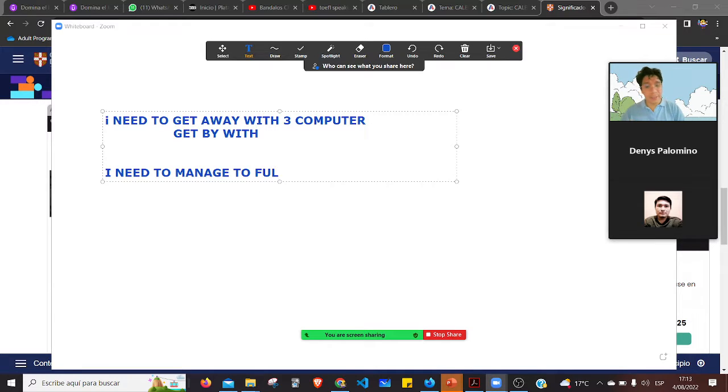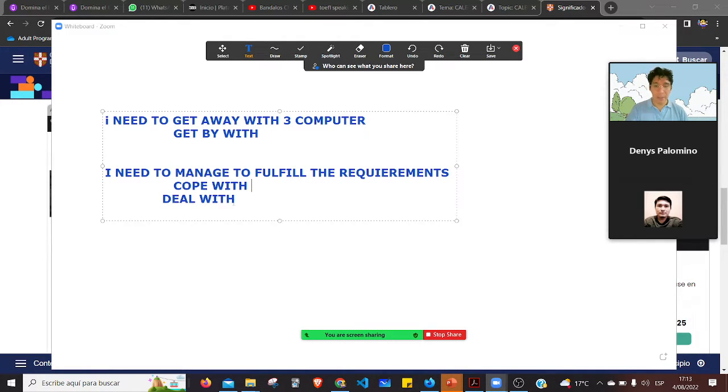To fulfill the requirements. Or I need to cope with or deal with the requirements. But you always use manage to. This is the only one. Remember, get by something, get away with something, manage to, cope with something, deal with something. Did you understand?